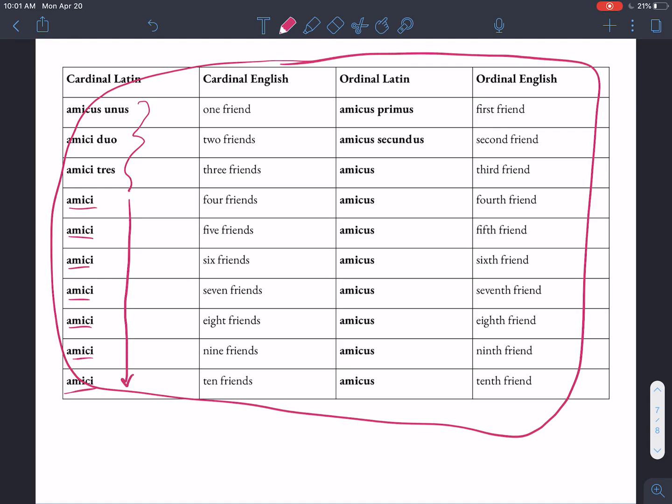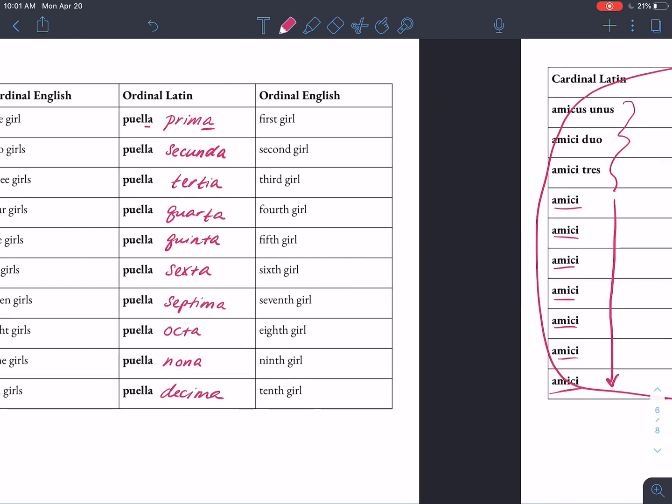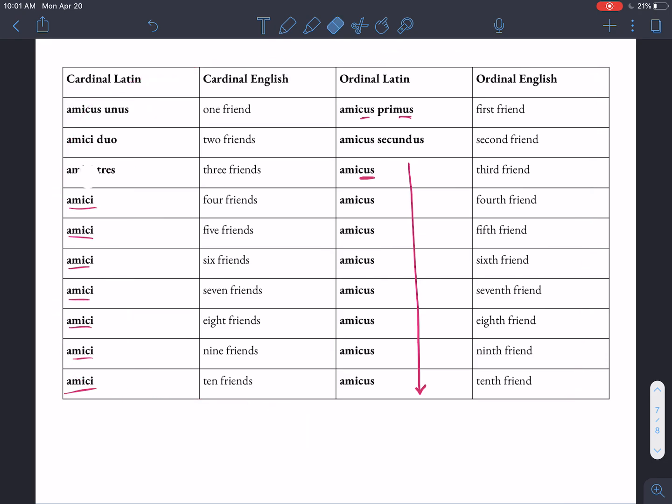And from here, I'd like you to write your ordinal numbers from 3 to 10. But make sure it's the masculine form, like amicus primus, because before it was puella prima. So you hear the difference? Here we're working with a masculine noun. If you can do that, we'll go over it next week.